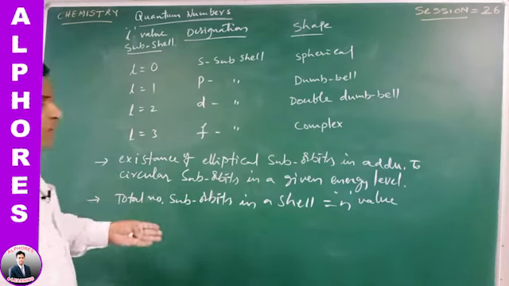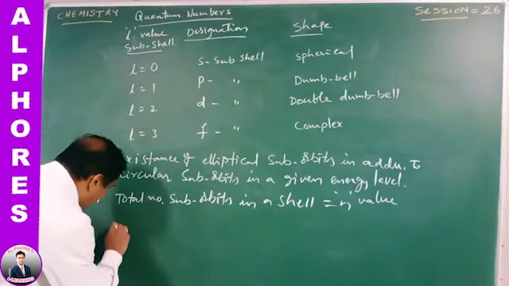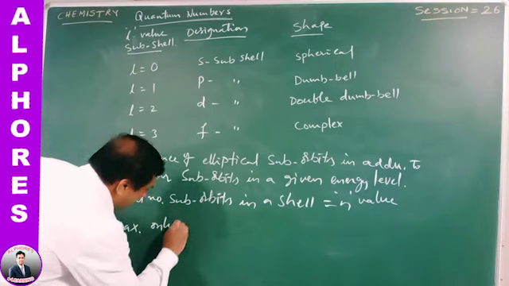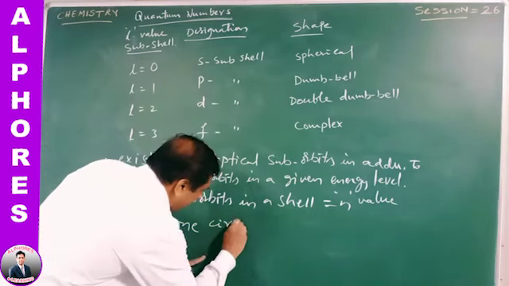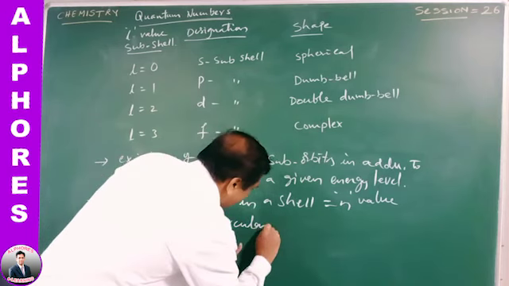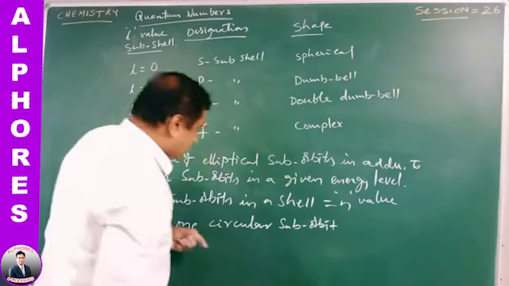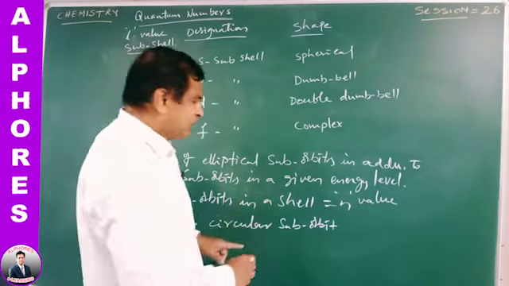Maximum how many circular and how many elliptical suborbits exist? Maximum only one circular suborbit exists in any given energy level.